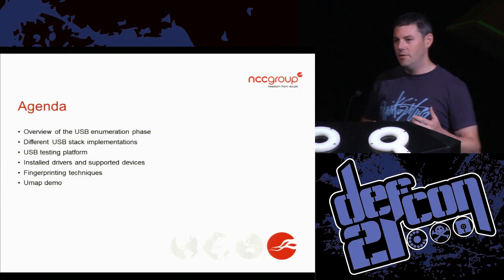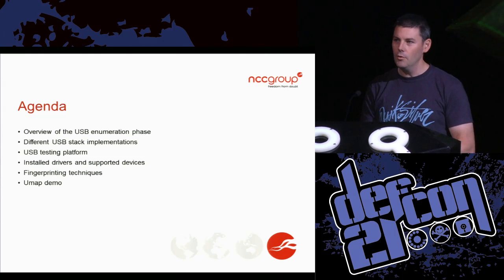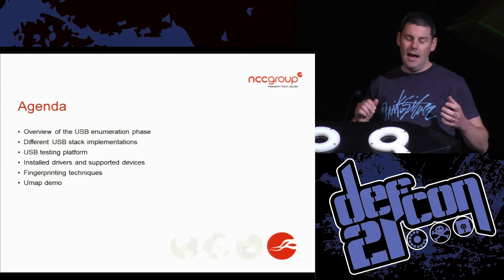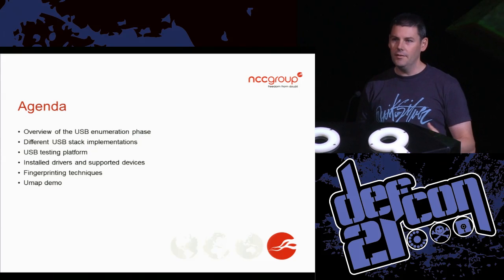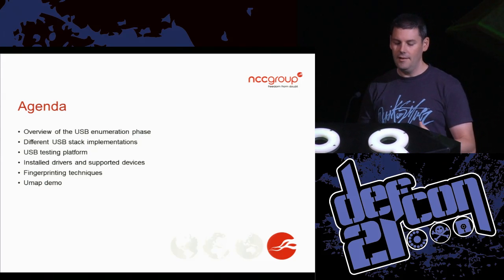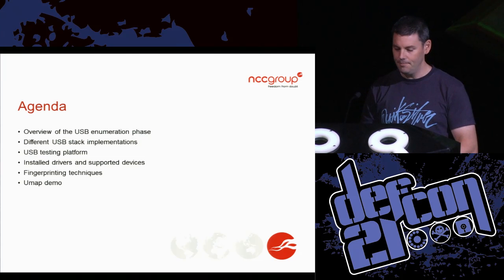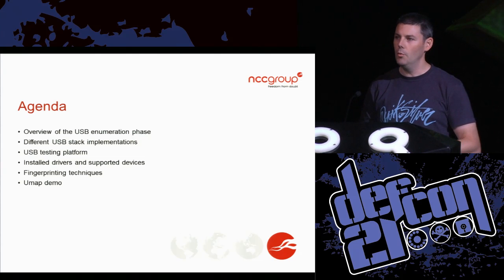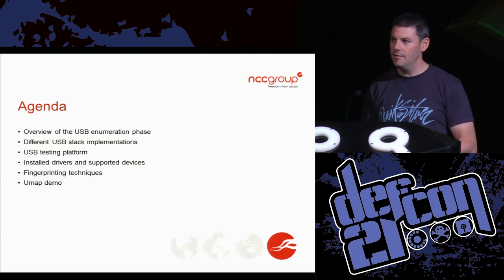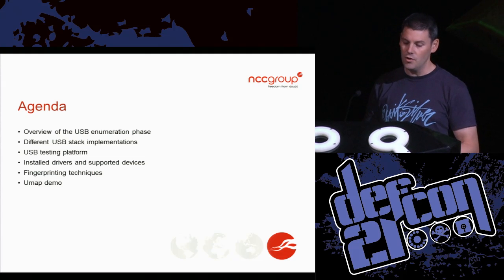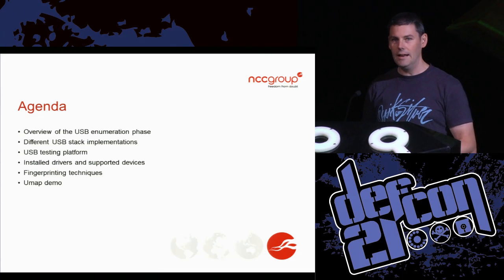Okay, so the general thrust of what I'm going to be talking about is, let's say you've got a device that you want to assess the security of via USB. So you want to identify any vulnerabilities in the drivers, the USB drivers at all the different levels in the USB stack.